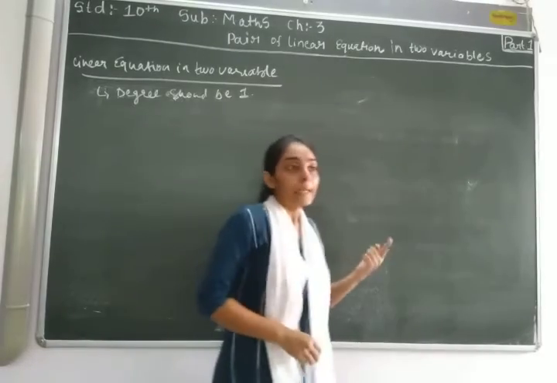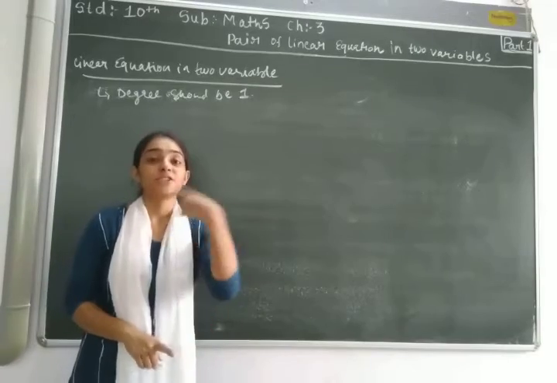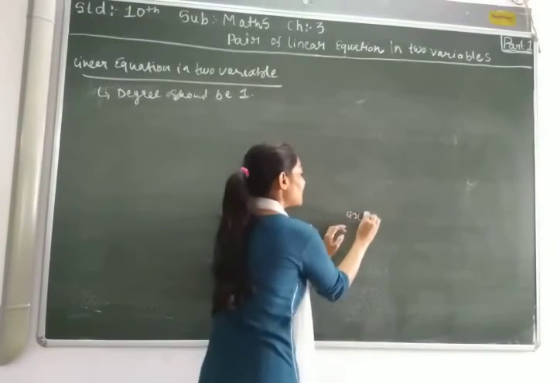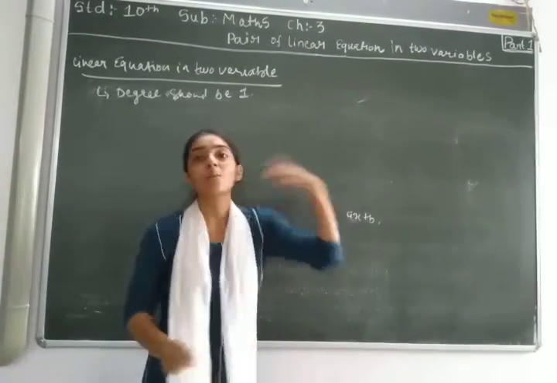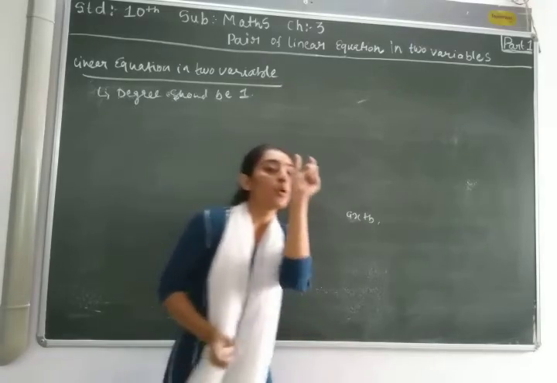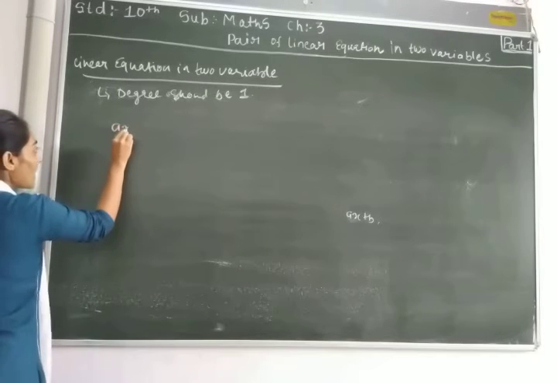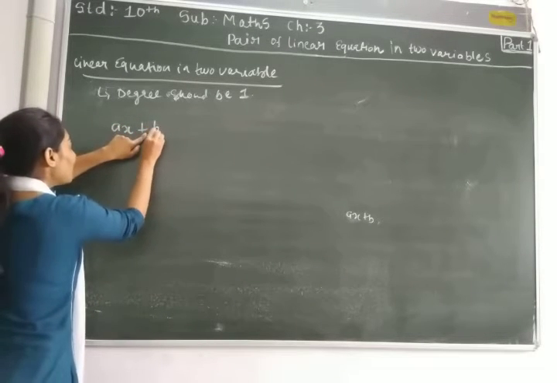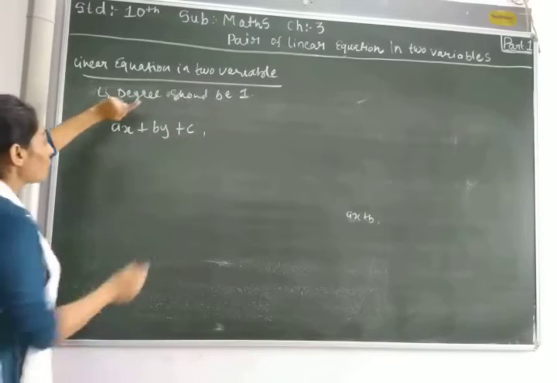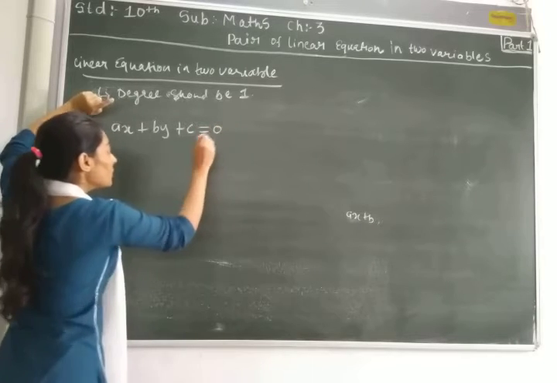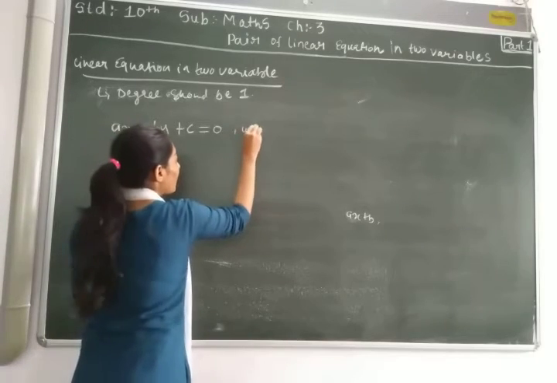A linear polynomial in one variable, you have learned how to write its general form: ax plus b. Similarly, if I add one more variable, both variables have degree 1 only. So how can we write that? ax plus b1 plus some constant, and I am talking about an equation, so equals 0.